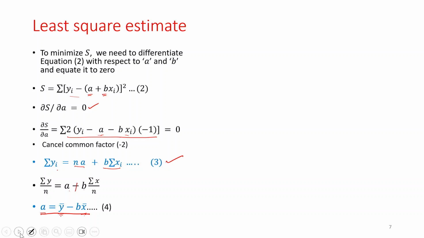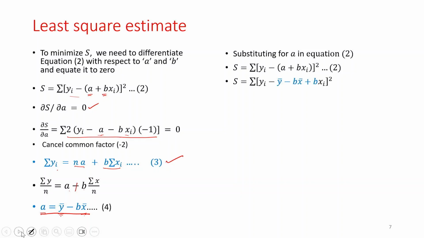So we now differentiate with respect to b. Before that, in the same equation, we replace a by this, because we have found out what a is: a is y bar minus b x bar. So a is replaced by y bar minus b x bar, and after that it becomes yi minus y bar minus b times xi minus x bar.